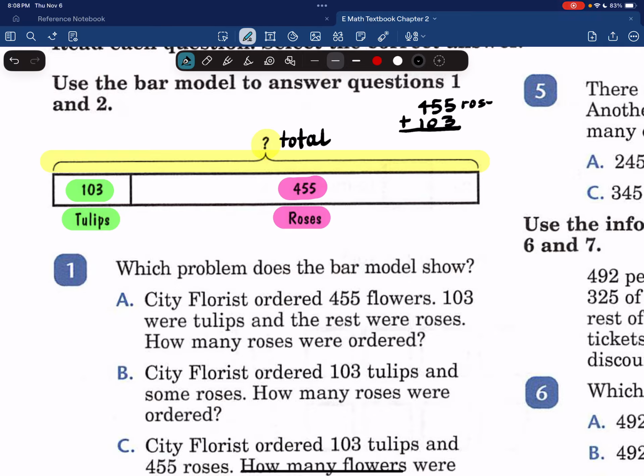So these are my roses, and these are my tulips, and that gives me a total of 558 flowers. So that 558, that was the question mark, we have found. The 455 is the roses, and the 103 is the number of tulips.